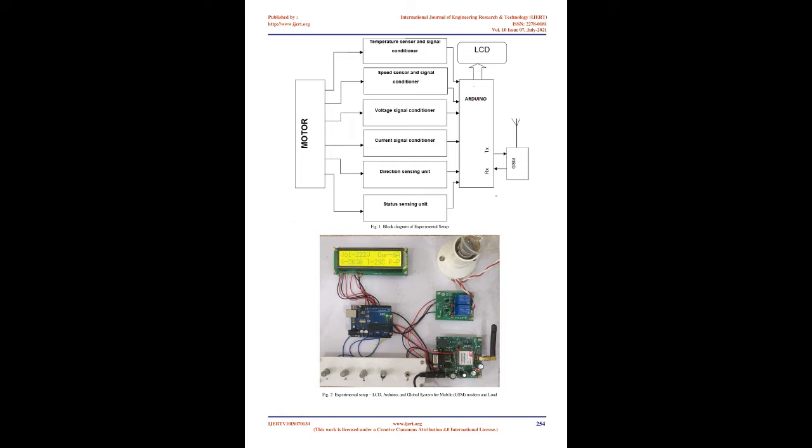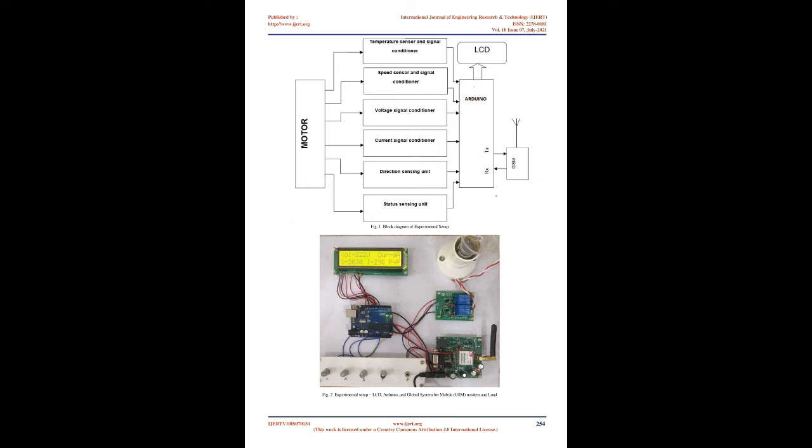The prime parameters of any motor, AC/DC, are speed, voltage, current, temperature etc., to be monitored and controlled precisely to safeguard the motor. So, an attempt is made to monitor and control these parameters remotely with the help of a GSM modem. The heart of the system is the GSM modem, through which one can control the motor and can get the current data of all the parameters remotely.